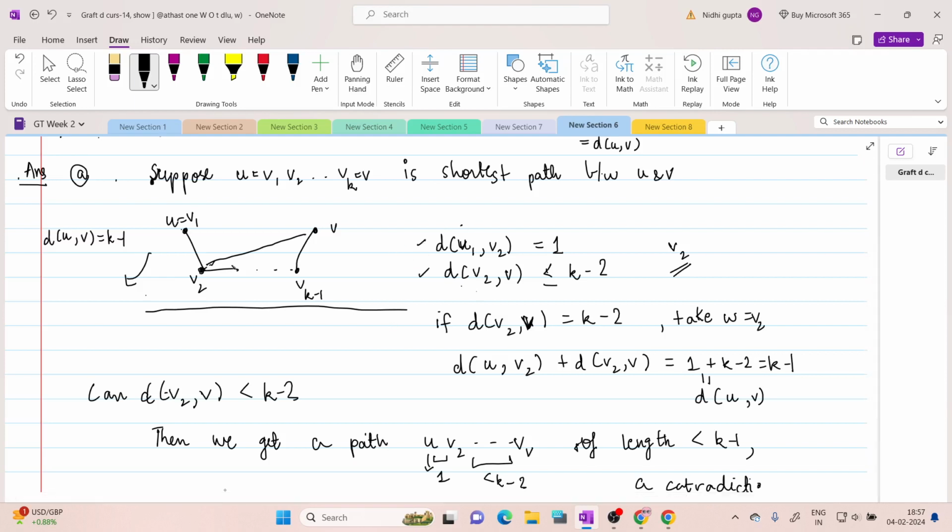But if we were taking any other vertex in the middle, we couldn't say anything. For v3, we know there is a path of length 2 between v1 and v3, but we have no idea whether v1 and v3 are adjacent or not, so we don't know whether this is the shortest path between them.